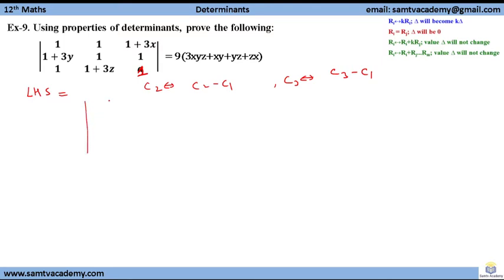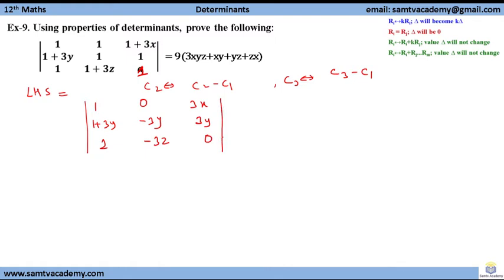We will write first column as it is, 1 plus 3y and 1. This step C2 minus C1, this will become 0. 1 get cancel out, this will become minus 3y. Here also 1 get cancel, minus 3z. Similarly last column 1 plus 3x minus 1, so we will be left with 3x. Here 1 get cancel, 3y, and here it will become 0.